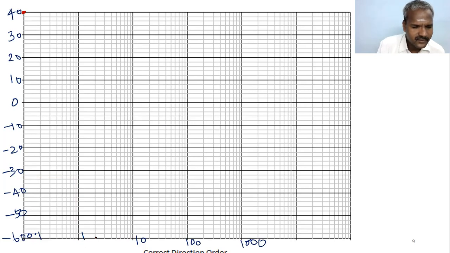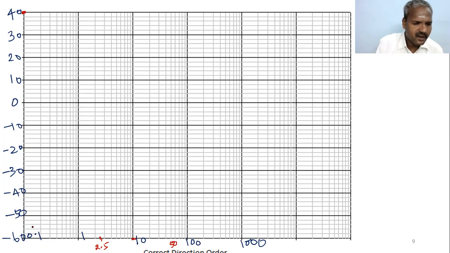So 1, 2, 2.5 is here. So around here, okay, this is 2.5. Similarly here, 10, 20, 30, 40, 50. So here is 50. So 10, this is one.